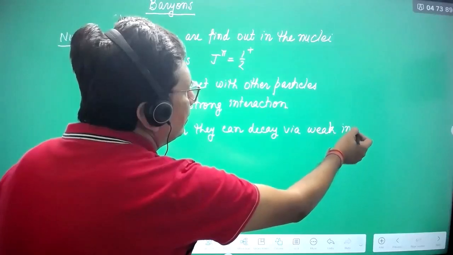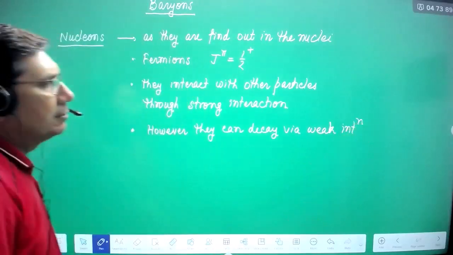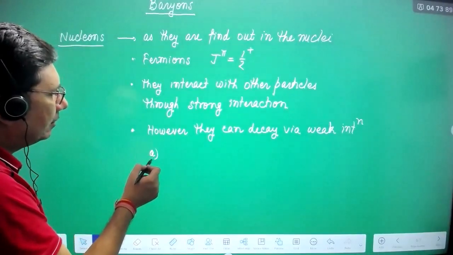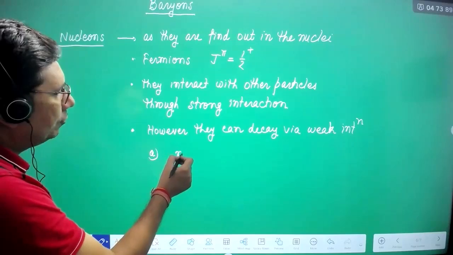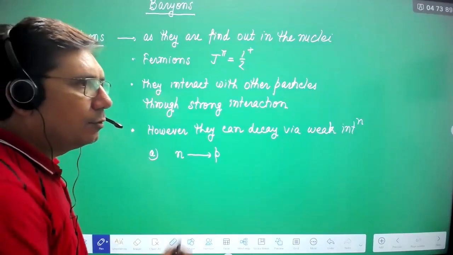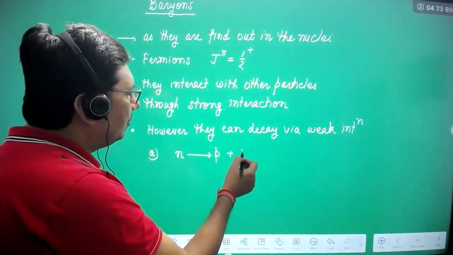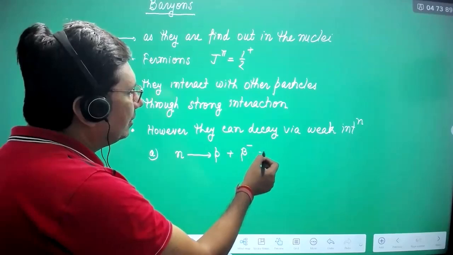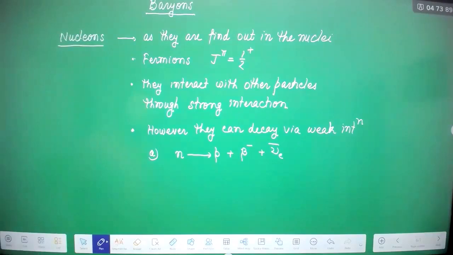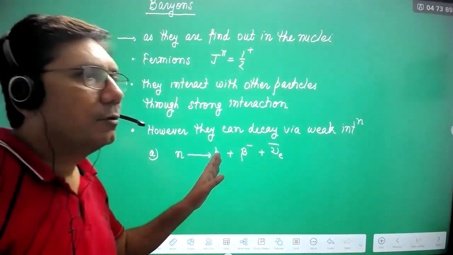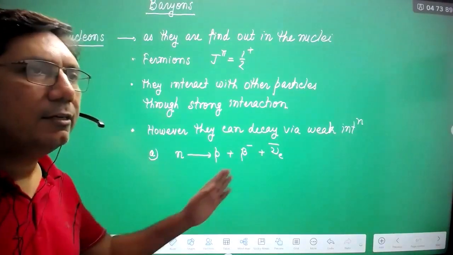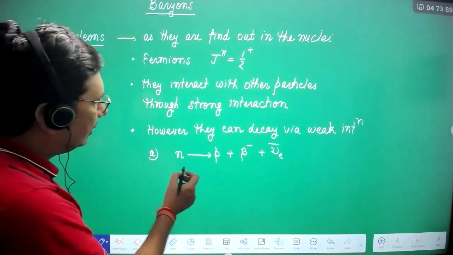If you look at a neutron, it can decay into a proton by emitting a beta minus particle plus an antineutrino. Beta minus is an electron. This interaction, this is decay.